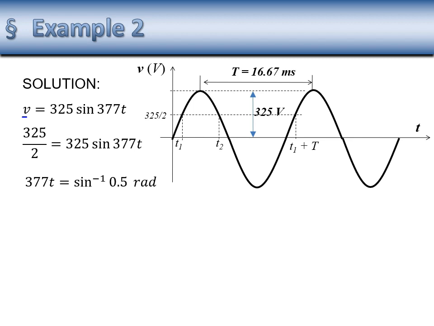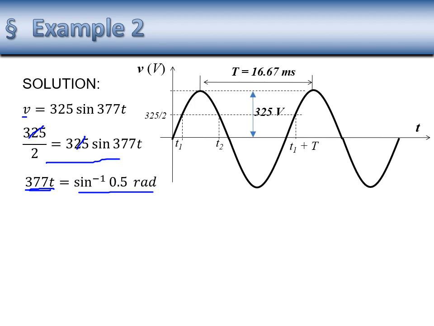So we simply let v equal half the peak. So we have this one, and that will cancel out the 325 here. To get t, we solve for 377t equals the inverse sine of 0.5. Now take note that this is in radians because omega is in radians per second.